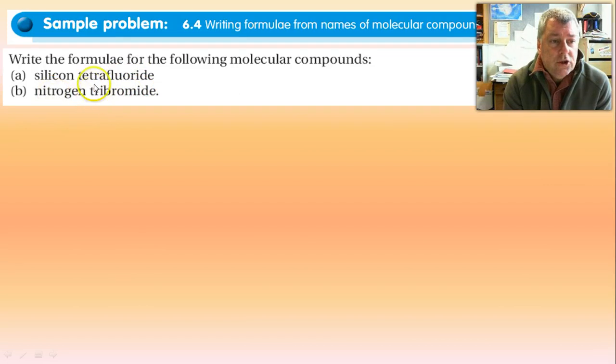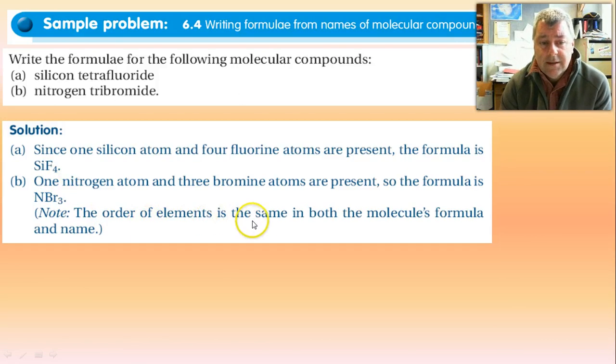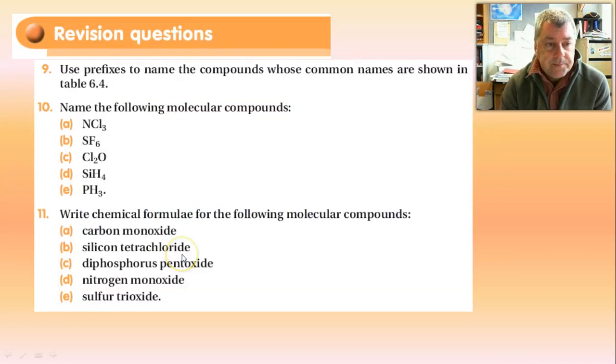And then we have nitrogen tribromide, that's bromine, and the tri tells us there's 3. So we should have formulas SiF4, so silicon tetrafluoride, and then we have nitrogen tribromide. And there's a little note here, the order of the elements is the same in both the molecule's formula and the name. So we always have the same order.